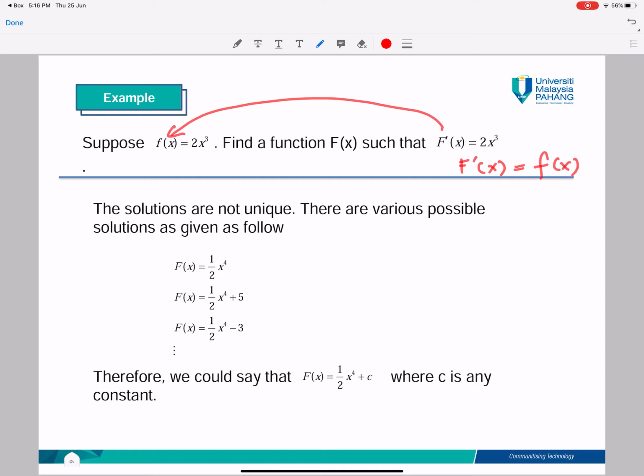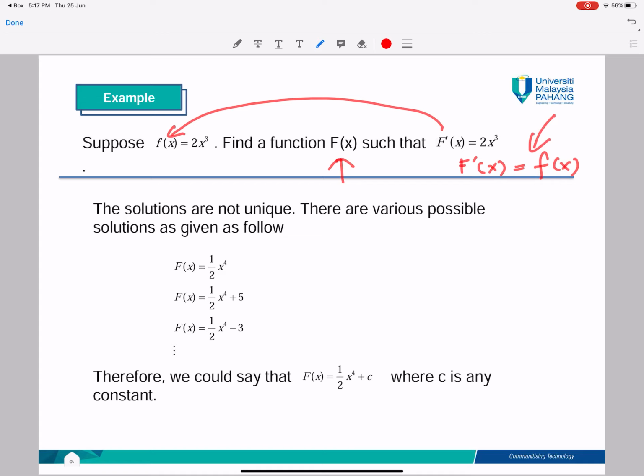And in order to find capital F(x), you need to perform an integration, or find the antiderivative of f(x) or capital F'(x).